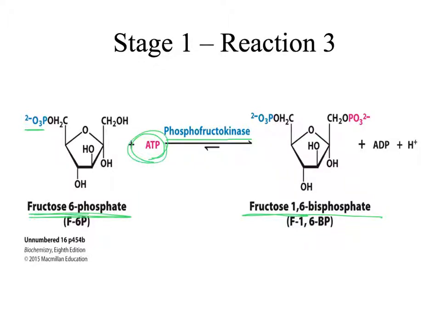We're going to take this ATP and transfer that phosphoryl group from ATP onto this fructose 6-phosphate to form 1,6-bisphosphate. So there's our 2 phosphate groups that are present there. So again, fructose 6-phosphate is phosphorylated via phosphofructokinase to produce fructose 1,6-bisphosphate.